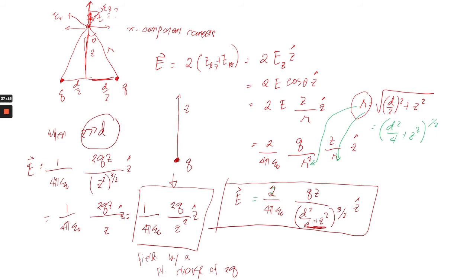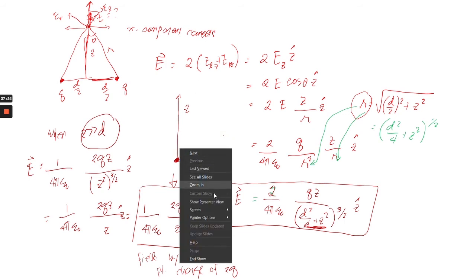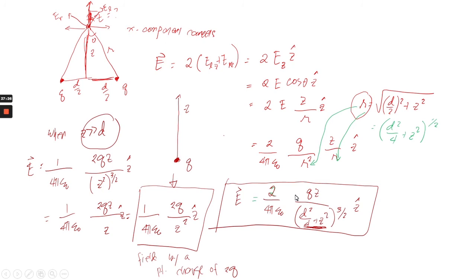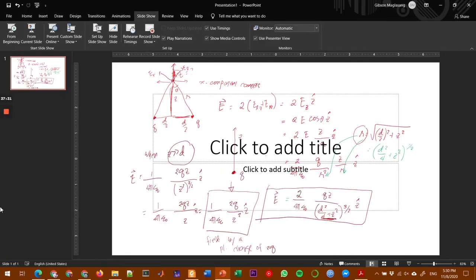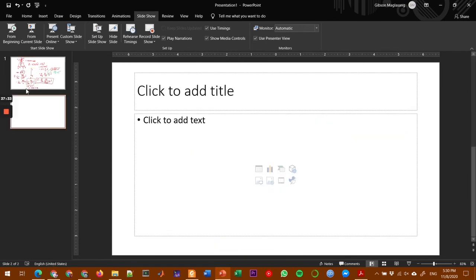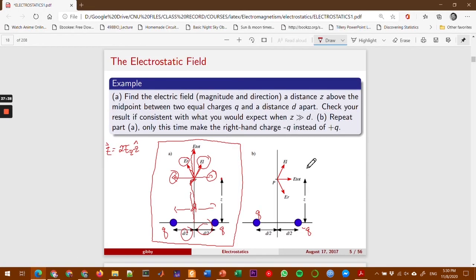Now how about the second example? It's the same, but this time around the right charge is replaced by a negative q.